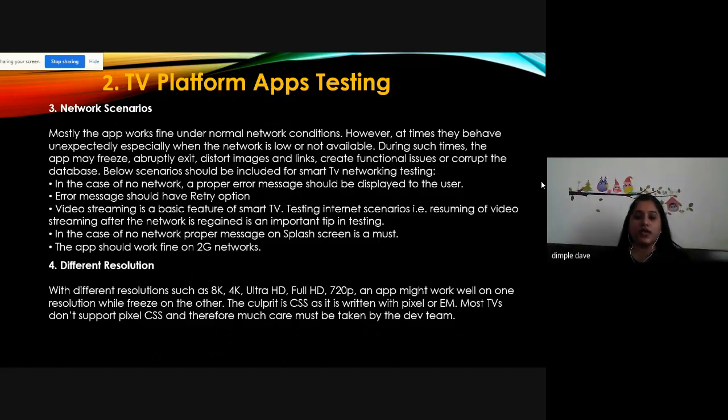Below scenarios should be included for smart TV networking testing. In the case of no network, a proper error message should be displayed to the user. Proper error message, we have to understand very clearly. Proper error message means a lot. Let me give a simple example.